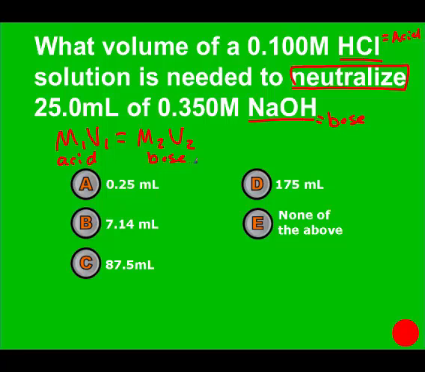So I'm going to pause the video and find out how much HCl we would need to neutralize that amount of base. Restart when you have your answer. So if you got C, 87.5, then you are correct. And you can go ahead and stop the video.